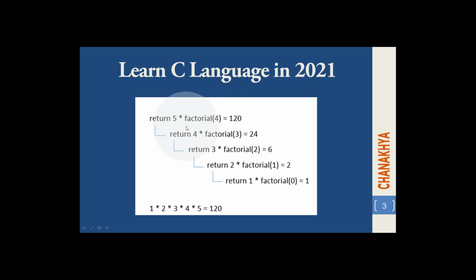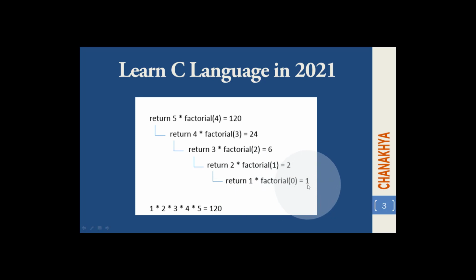Now in order to calculate the factorial of 4, we have the number 4, and then we need to calculate the factorial of 3. In the same way, if we have the number 3, then we need to calculate the factorial of 2. If we have the number 2, then we need to calculate the factorial of 1. And if we have 1, then we need to calculate the factorial of 0, which is equal to 1.